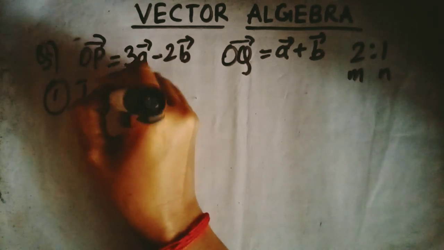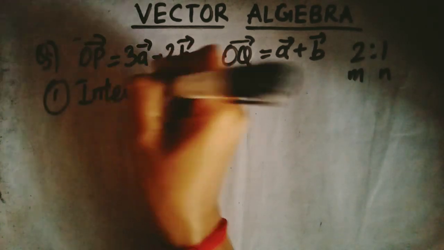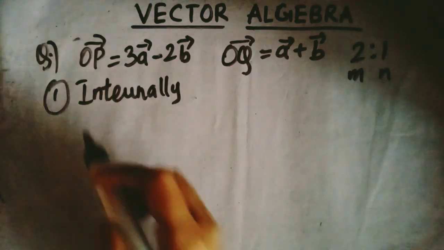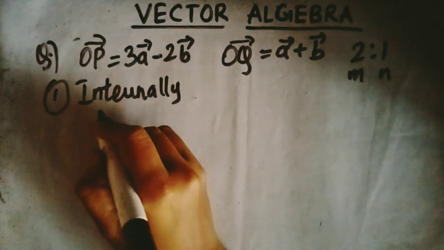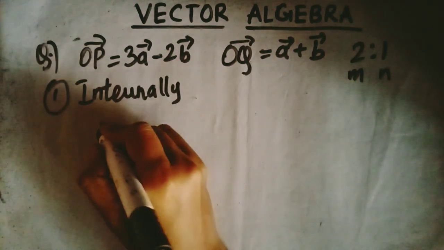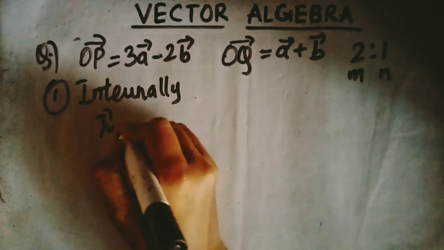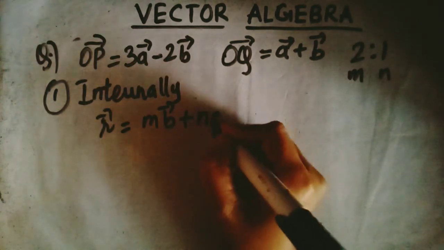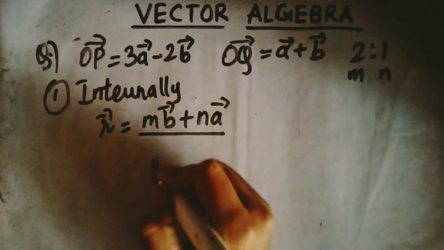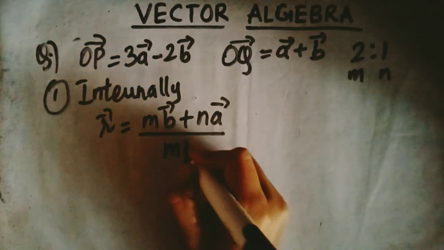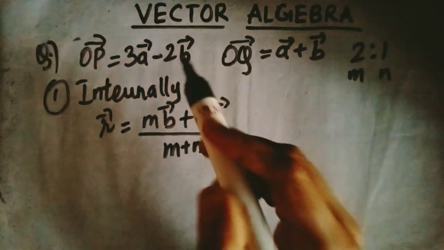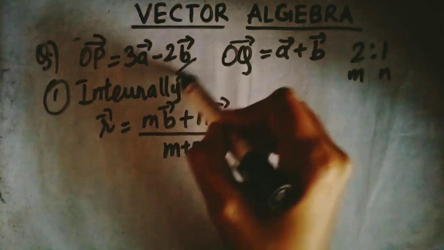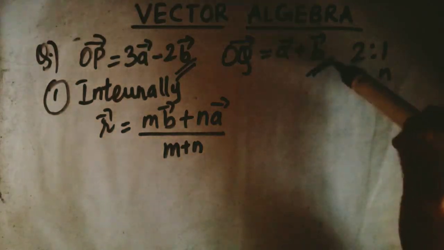So internally, this formula is R vector = (M B plus N A) upon (M plus N). Your A vector is this and your B vector is this.